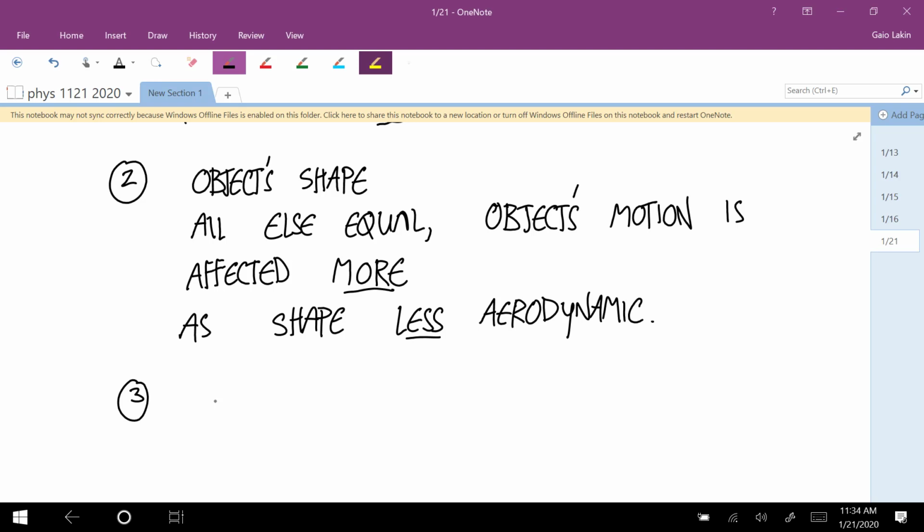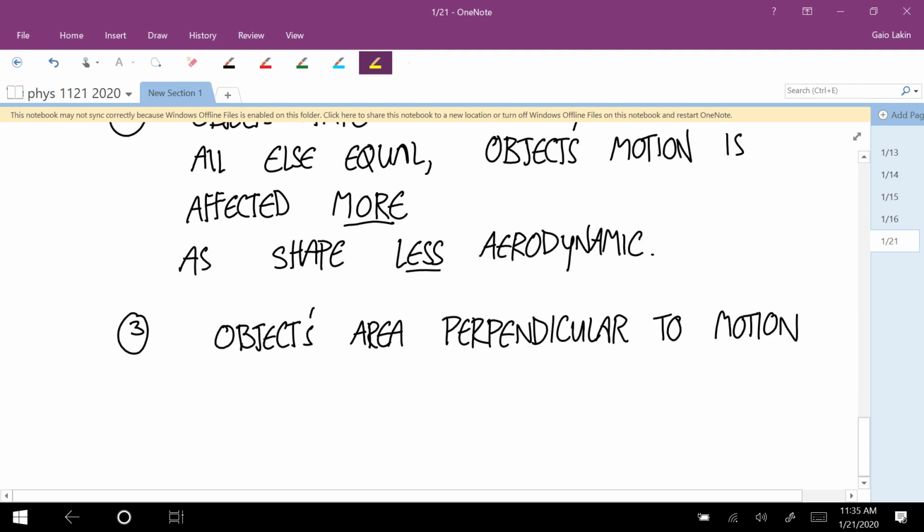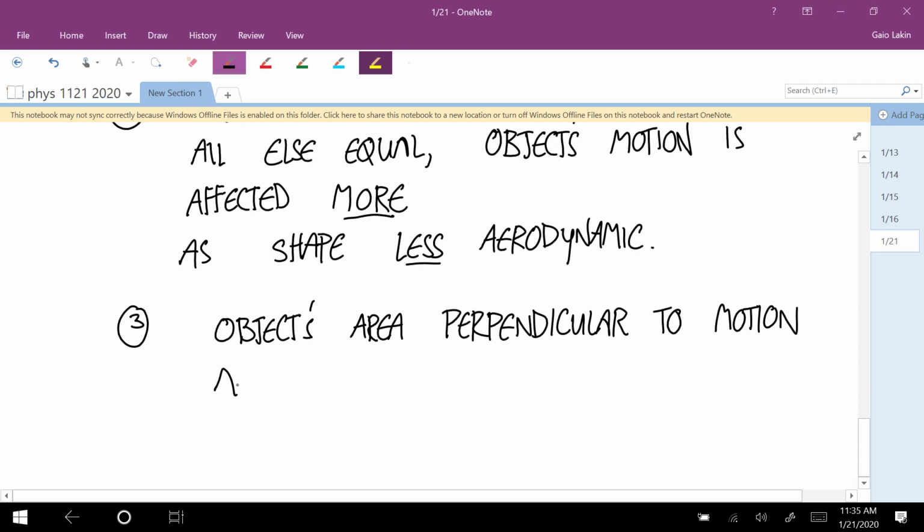Okay, so the object's area perpendicular to the motion. I'm going to abbreviate this, all else equal.